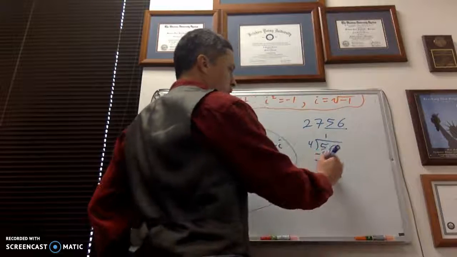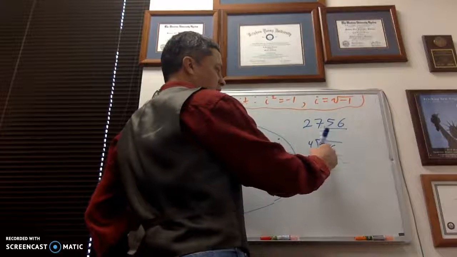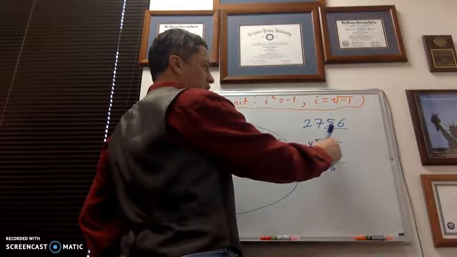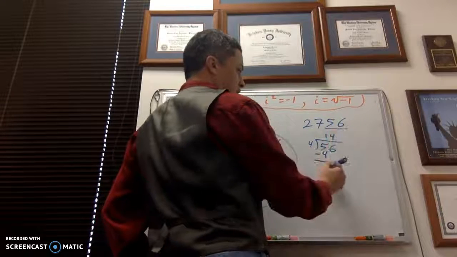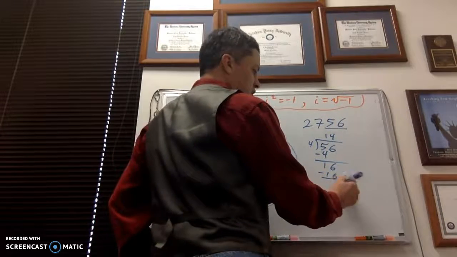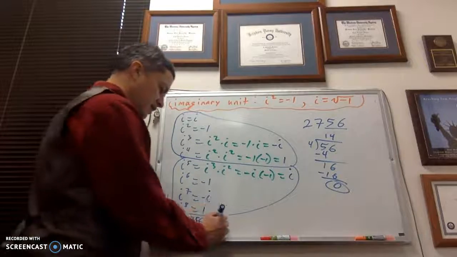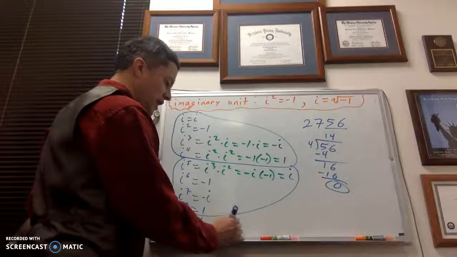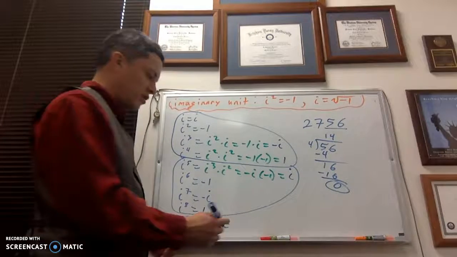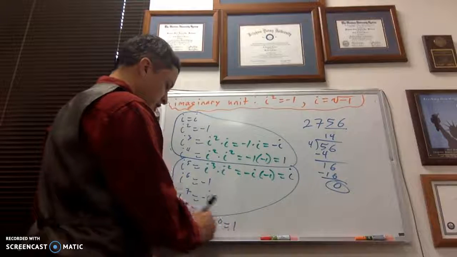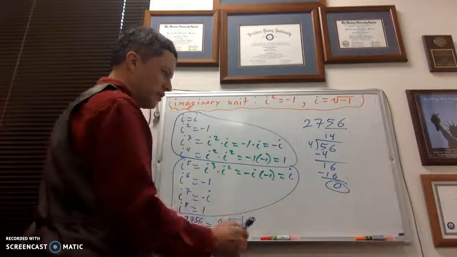So we'll do some long division here. 4 goes into 5 one time, bring down the 6. 4 goes into 16 4 times, minus 16, so you get 0. So I got a remainder of 0, which means this is really i to the 0 power. But anything to the 0 power, providing the base itself is not 0, is 1. So i to the 2,756 is 1.